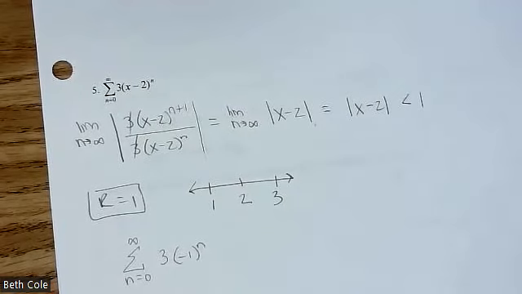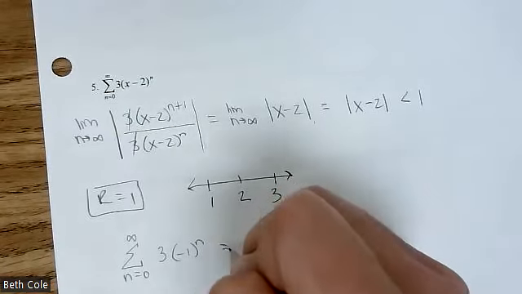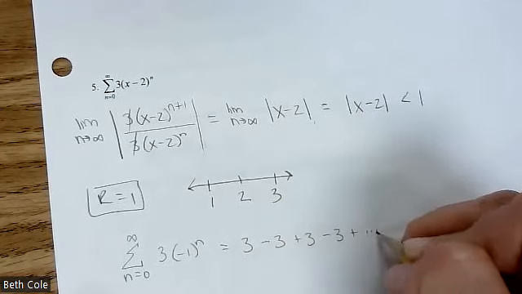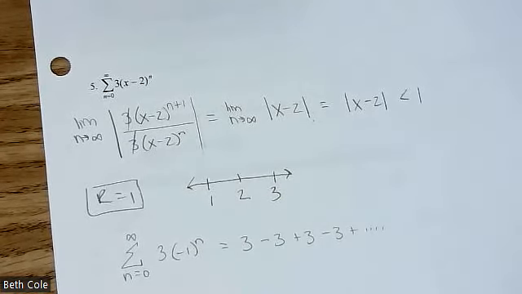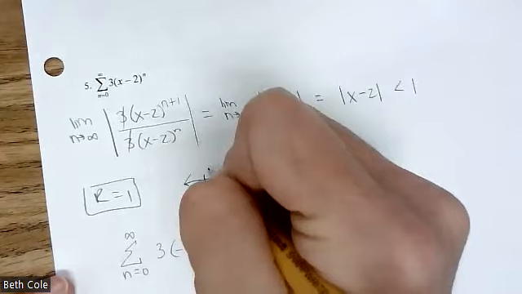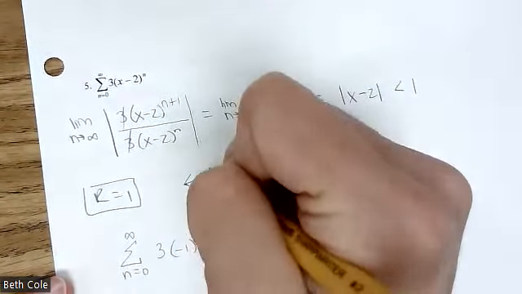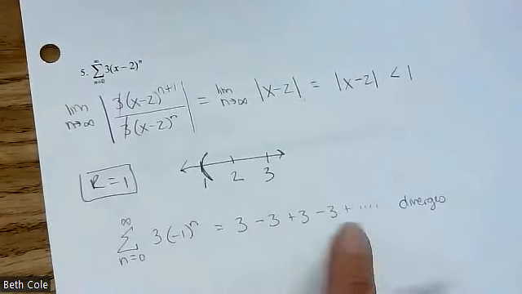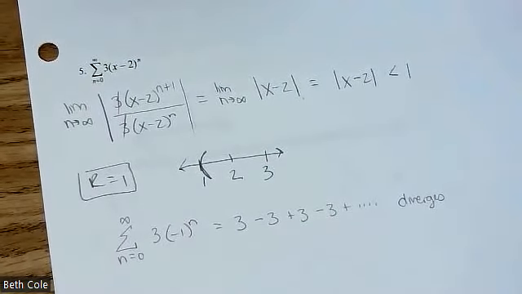What that's going to look like is 3 minus 3 plus 3 minus 3 plus 3 minus 3 plus 3 minus 3. Does that converge? No, that's going to diverge. Not really for any particular reason. I don't have like a because for that one. Because this, like it's just not headed anywhere.